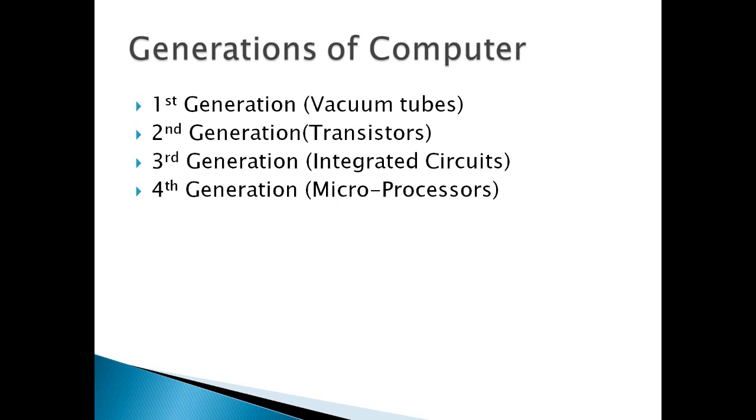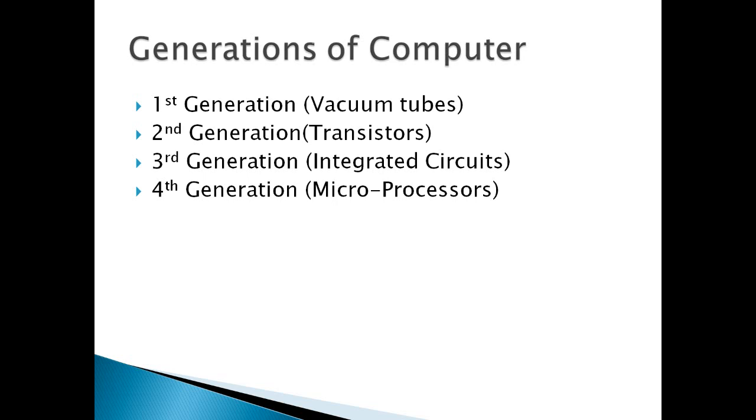Their storage capacity and processing power was very much lower as compared to today's computers. They produced a large amount of heat. For that they required ACs, air conditioners, to make them cool and work efficiently. They were so large that numerous huge rooms were used to build one single computer.